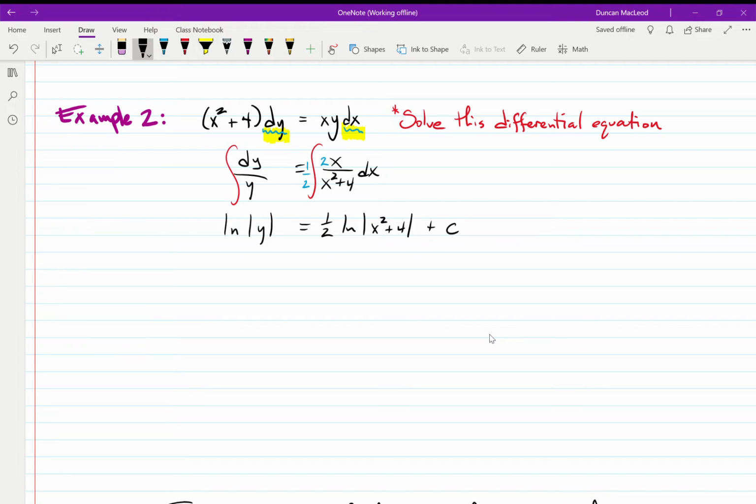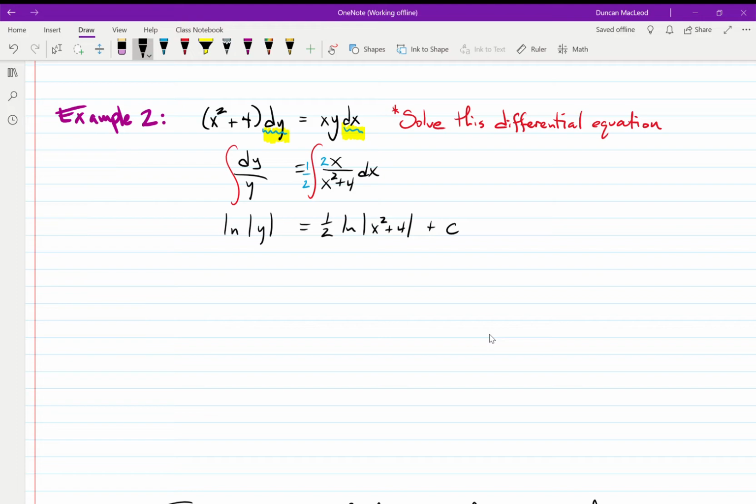Now, this is theoretically a general solution. Unfortunately for you, you're never going to see this answer anywhere like in a textbook or Slater or anything like that. But this is a general solution. It actually can be solved further.